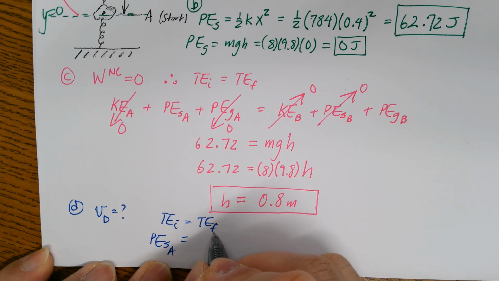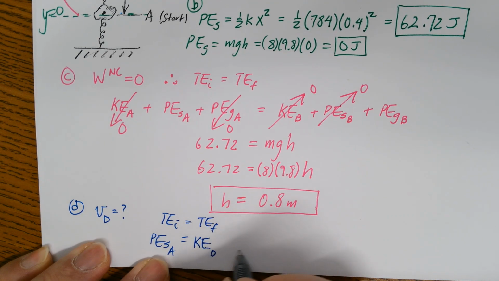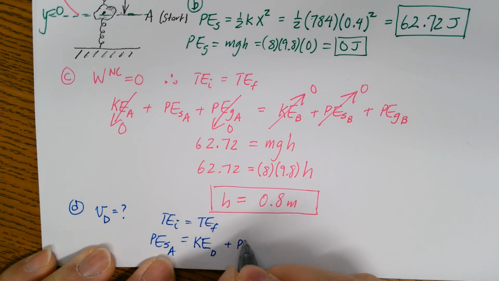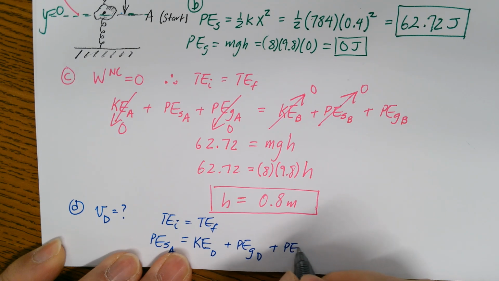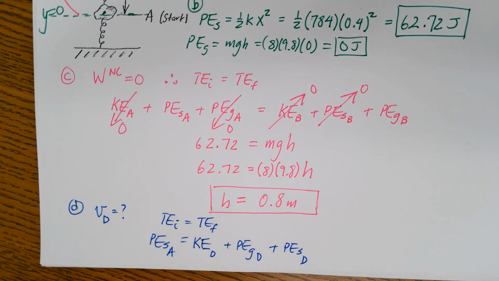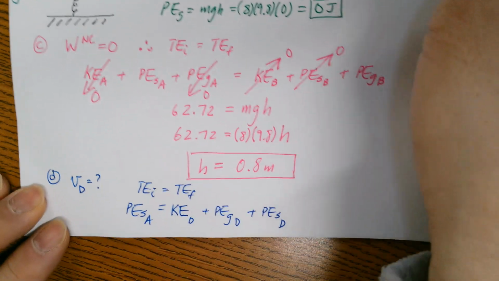At point D, I definitely have kinetic energy at D plus potential energy of gravitation at D, and I have potential energy of spring at D. Okay? I'm running out of room here.